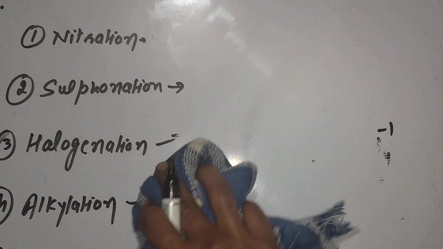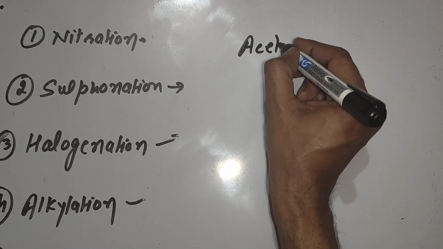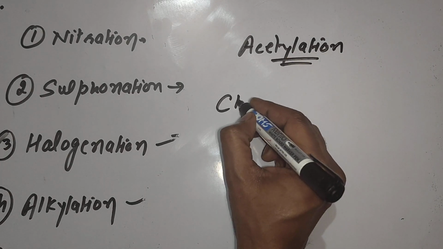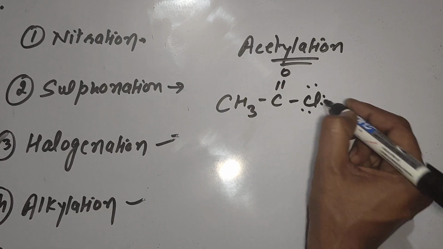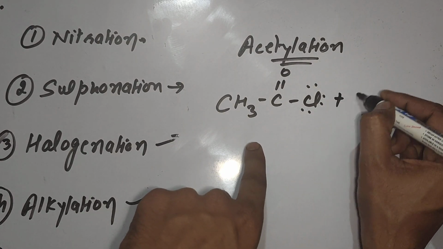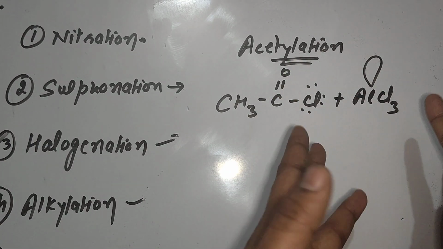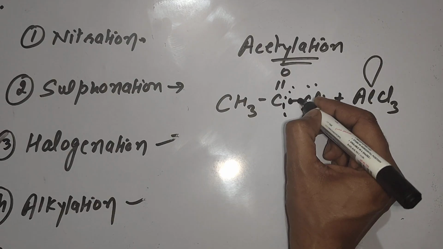Last is acetylation. For acetylation, the chemical requirements are CH3COCl, acetyl chloride, and again AlCl3 or FeCl3, they all are Lewis acids. So what will they do? Same as what they were doing.